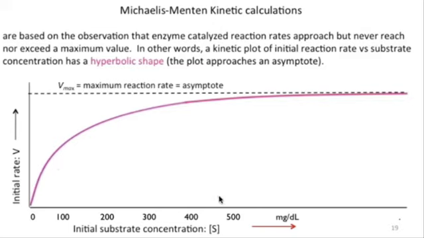But as you get higher and higher in substrate, that increase in rate begins to taper off, and eventually it approaches an asymptote, a horizontal line that the rate will never exceed, but it will constantly get closer and closer to it. I'd like you right now to tell me, why does it have this shape?